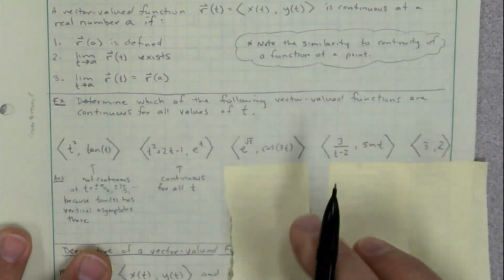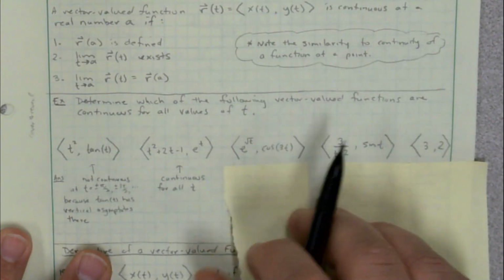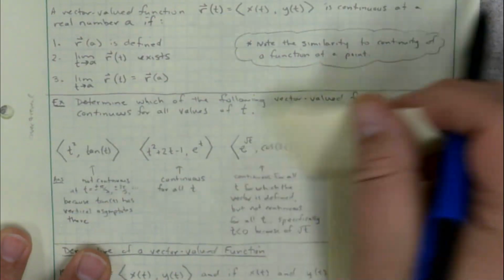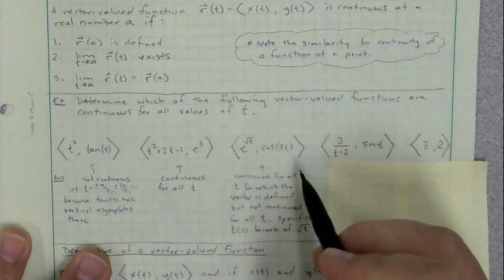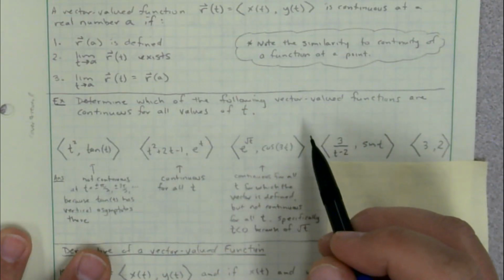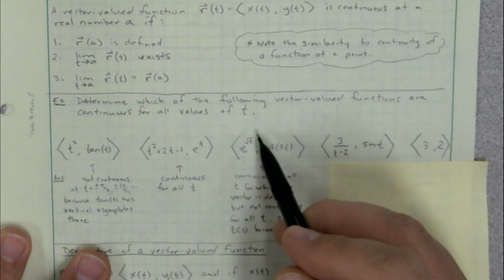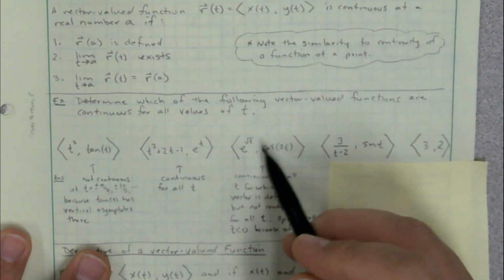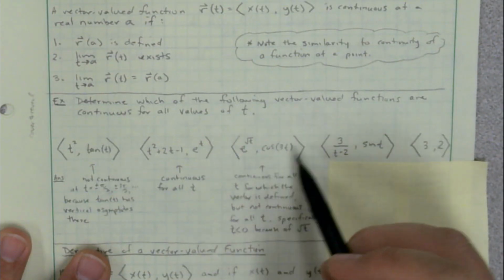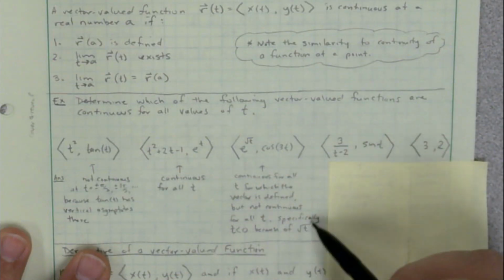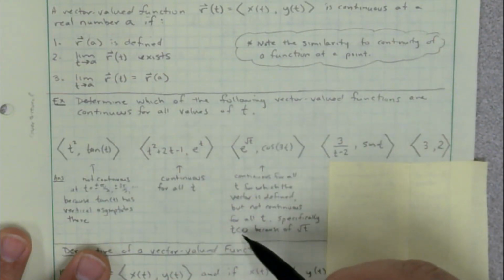We can't have t less than 0, so it is not continuous for all values of t, but it is continuous where this vector is defined. Since the domain of this function is t greater than or equal to 0, this vector would be continuous on that, but not for all t, because it can't be less than 0.